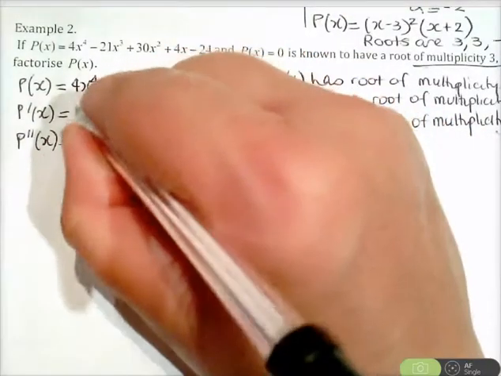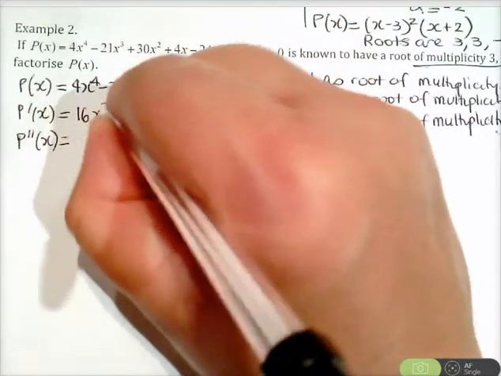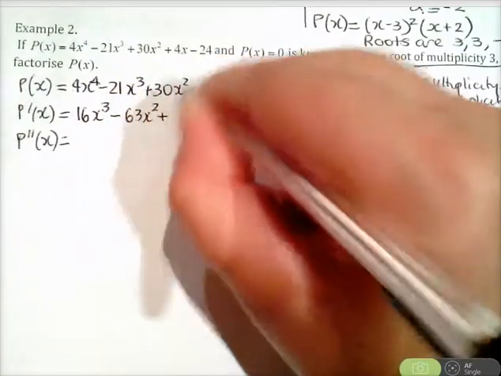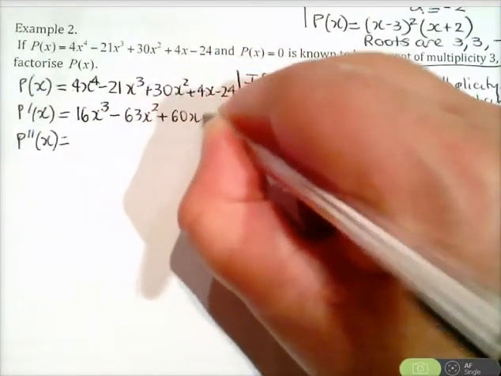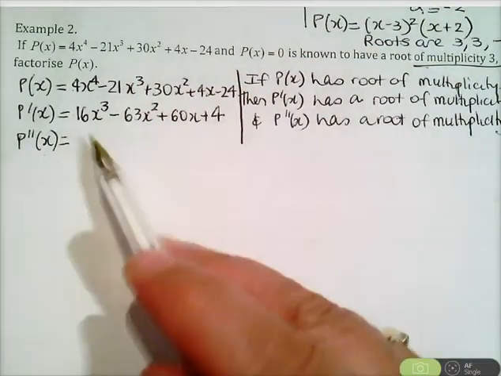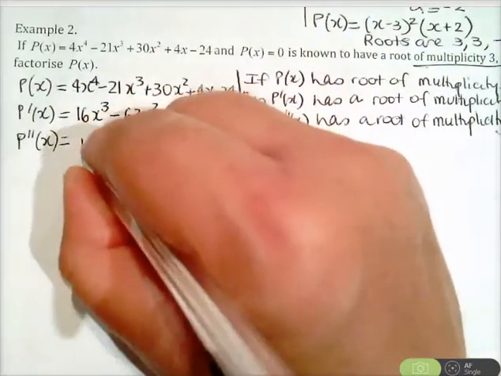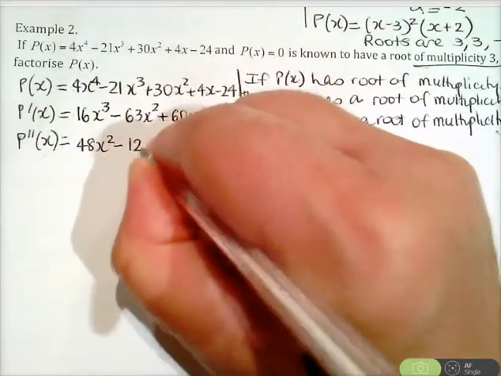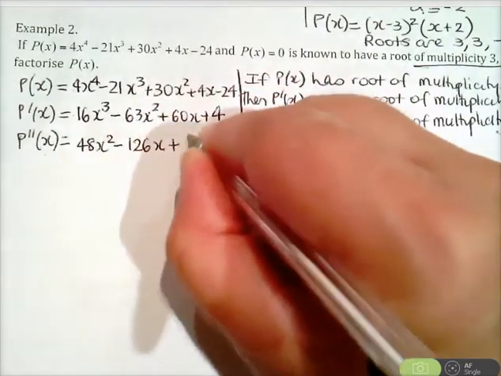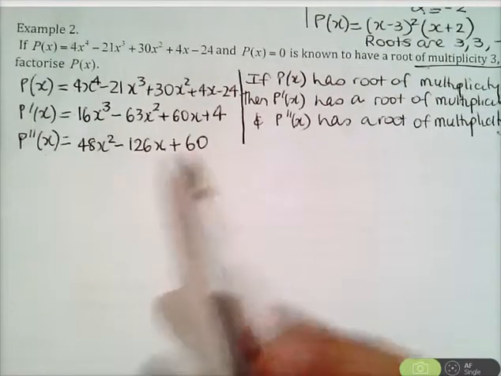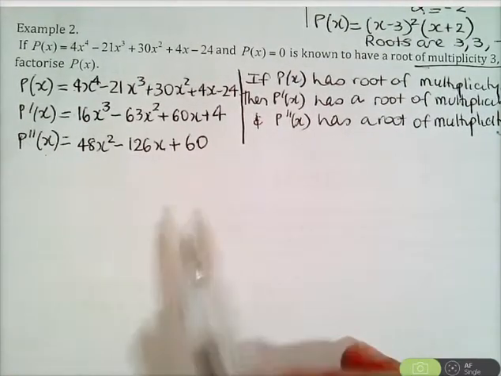So the first derivative: 4 times 4 is 16x cubed, minus 21 times 3 is 63x squared, plus 30 times 2 is 60x plus 4. That's your first derivative. The second derivative will be 48x squared minus 126x plus 60.